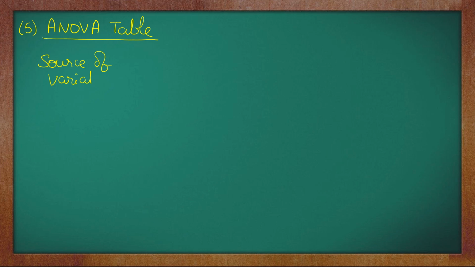This is the fifth step. We will make the ANOVA table. ANOVA table, this is very important. Remember how to draw it. First is source of variation. Second is sum of squares.